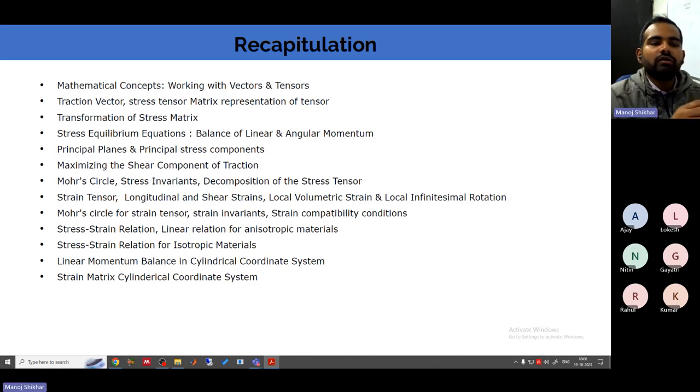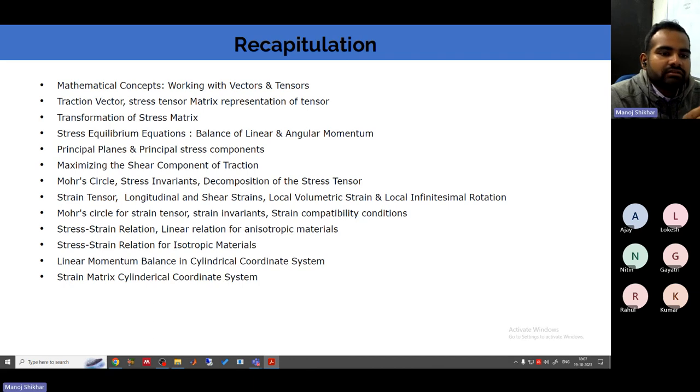After that, we moved on to the strain tensor, longitudinal strains, shear strains, and volumetric strains. Then we discussed the Mohr circle for the strain tensor, strain invariants, and strain compatibility conditions.